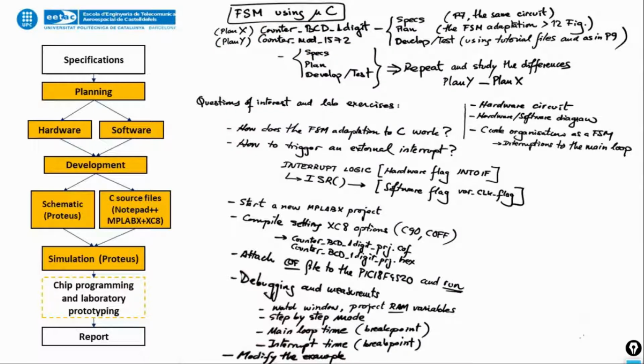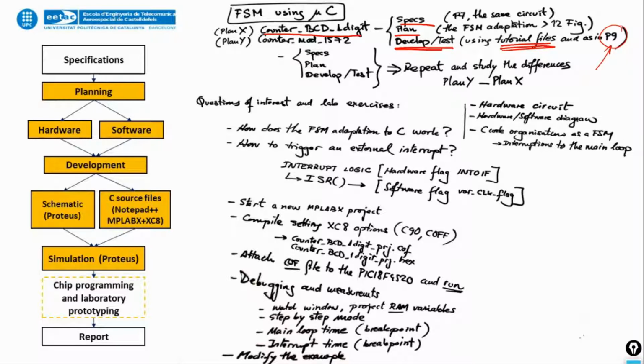And if you think about the component, naturally what goes first is the specifications, then the plan, and then this combined developing and test, okay, using the tutorials files that are available in our web, the same way as we did in P9. So it's again a repetition of the developing and test of, in this case, using again some tutorials.